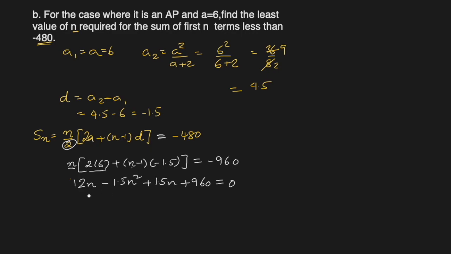Alright, so I'll take minus 1.5 n square as the leading term because it's square. 12 plus 1.5 is 13.5 n plus 960 equal to 0. Since I'm sure that this will be a decimal answer, the middle term splitting like I did in the previous part, let me show you.